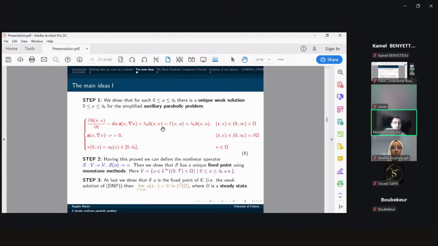You see, if V equals U, then the two terms with B cancel, and we have a solution to our initial problem. The first step is to show that this problem has a solution. The second step is to show that this operator that connects U and V has a unique fixed point. And lastly, that the solution converges to a steady state.